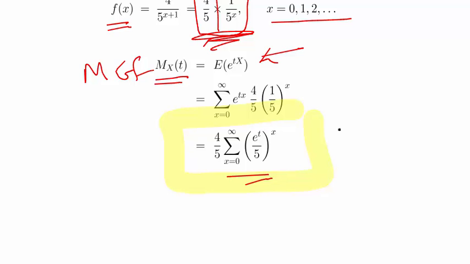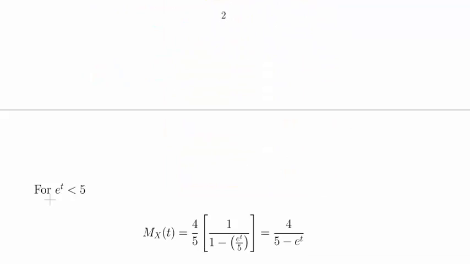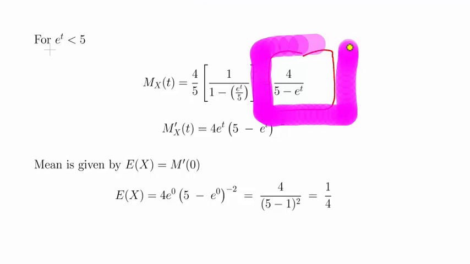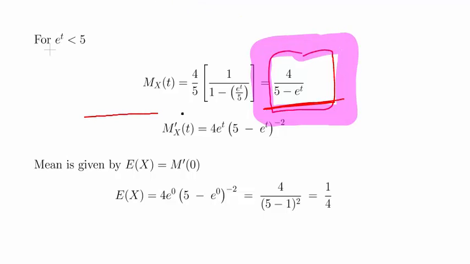So, there we go. In this case, what we have here is 4 over 5 times 1 over 1 minus e to the t over 5. And if we rework that expression, we get 4 over 5 minus e to the t. That actually is our moment generating function there, and that's the answer we're looking for in the first part of this question.